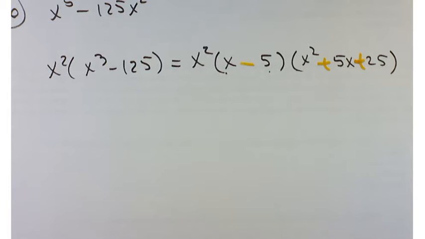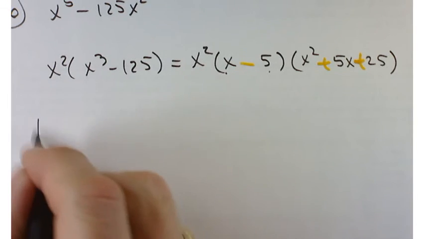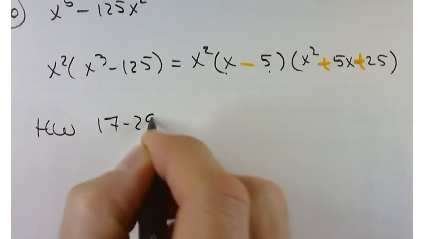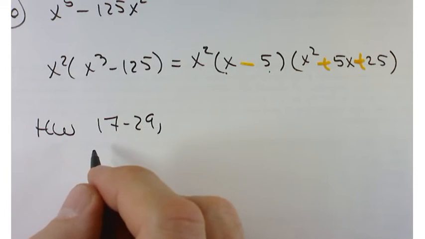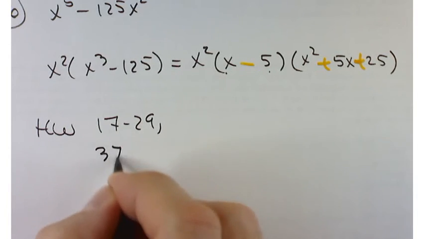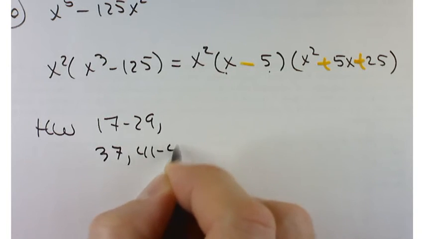All right. Well done. For homework, let's see which ones I want you to do here. Try 17 through 29, 37, 41, and 43.